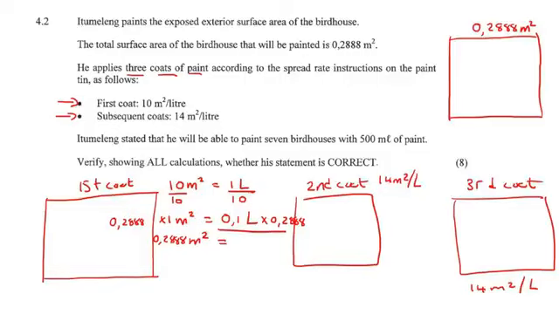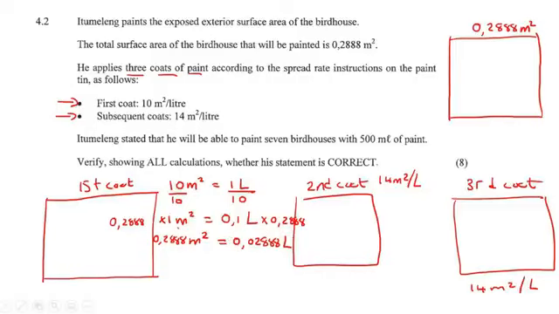And then on this side, if you type that in on the calculator, now don't round this number off. It's going to be 0.02888 liters. So to be able to paint that first coat, this is how many liters of paint we are going to have to use.